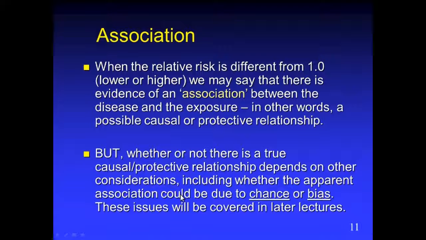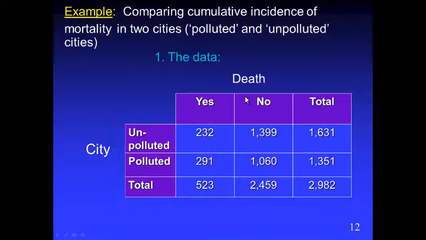We're going to discuss these issues in future talks, but for the moment we can think in terms of there being at least some evidence of an association when we have a relative risk that departs from 1. It's either higher or lower, particularly if it's markedly higher or markedly lower. So, let's have some examples.